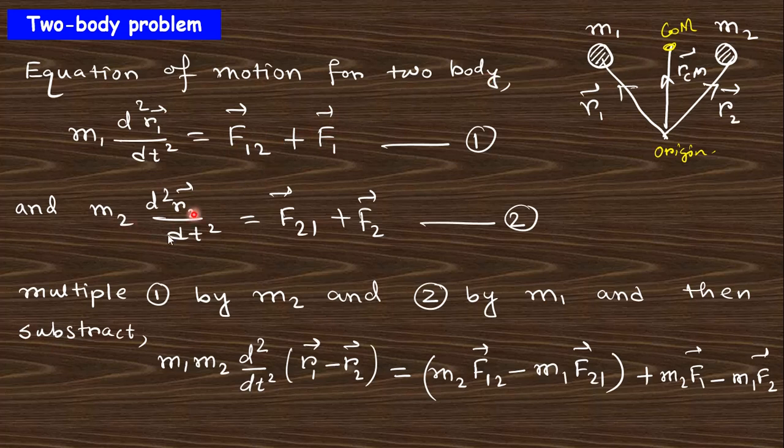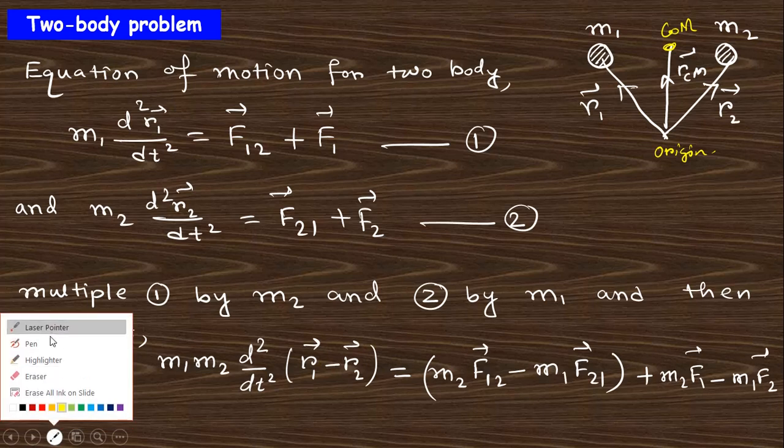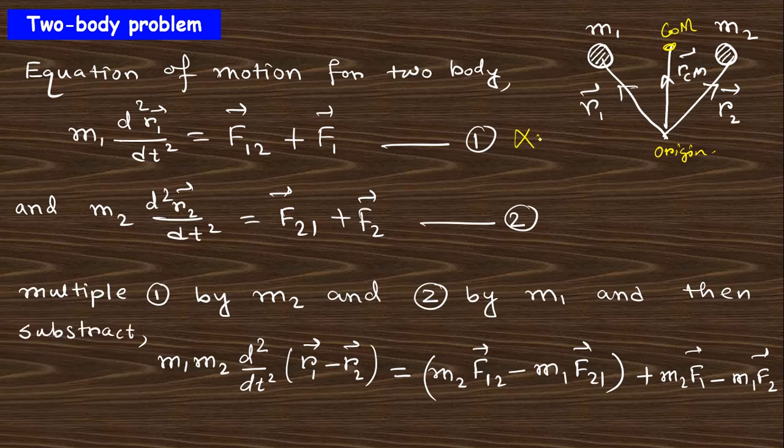Similarly, in case of m2, this can be written as m2 times the acceleration of particle 2 equals the force on 2 due to 1, plus the external force on 2. And if you multiply 1 by m2 and multiply 2 by m1, then subtract, you will get this type of equation.